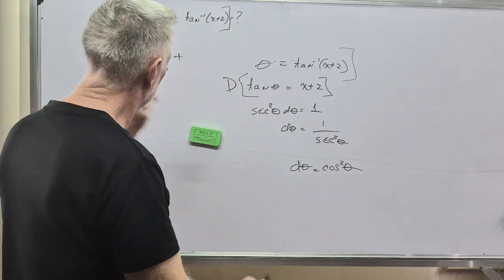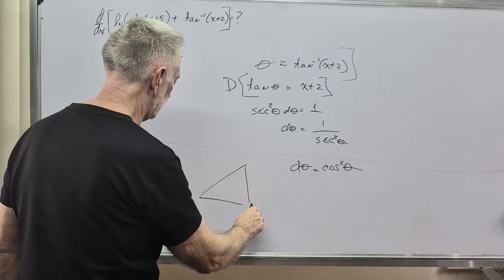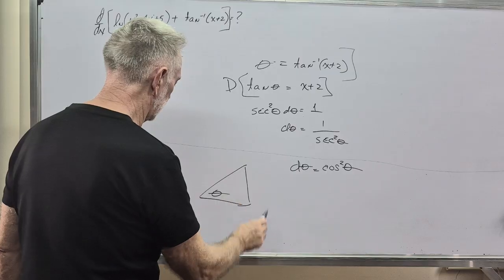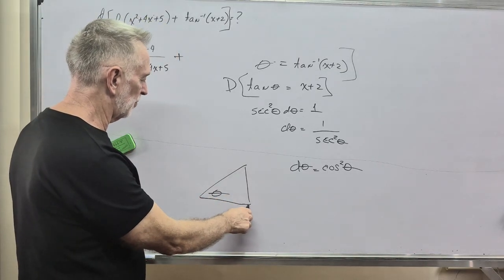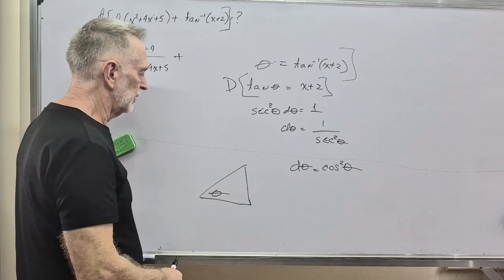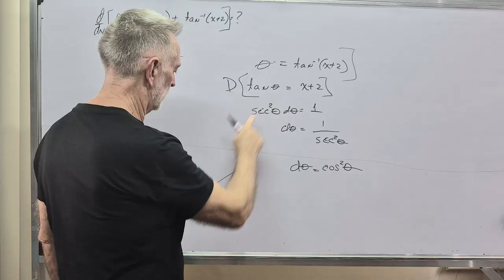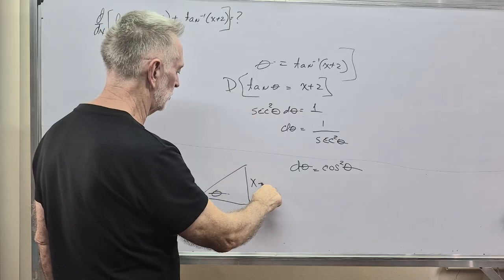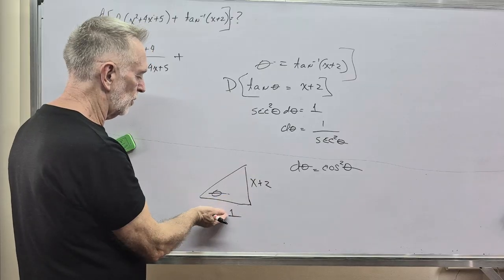Okay, let's put our triangle up here. If this is theta, I would encourage you to just write the angle like this. Everybody keep the angle pointing in the same direction. Let's see, tangent of theta is x plus 2 over 1. It's opposite over adjacent.